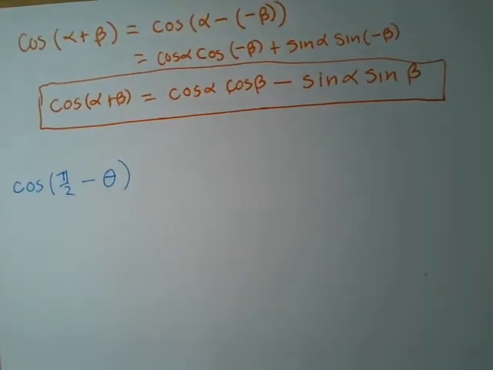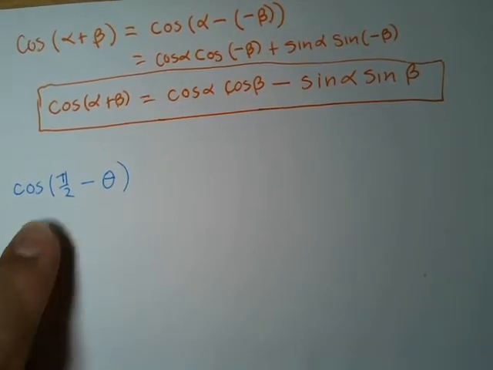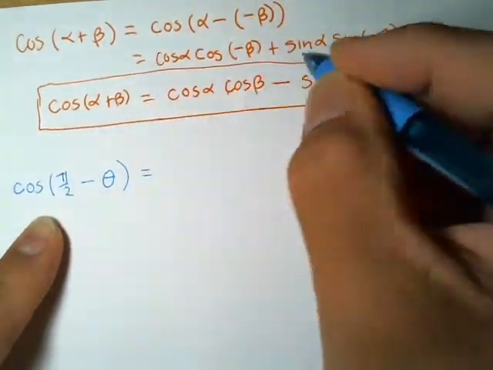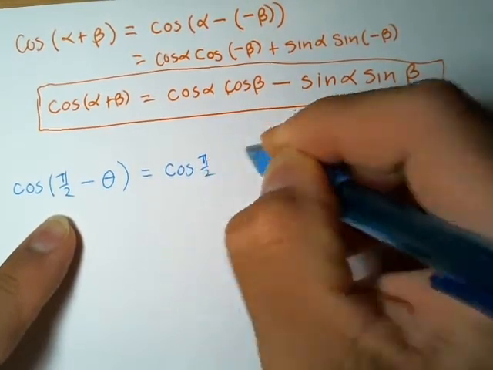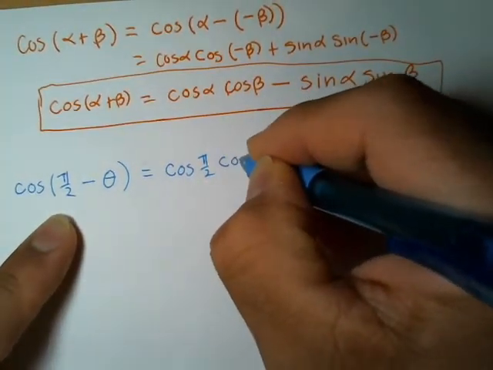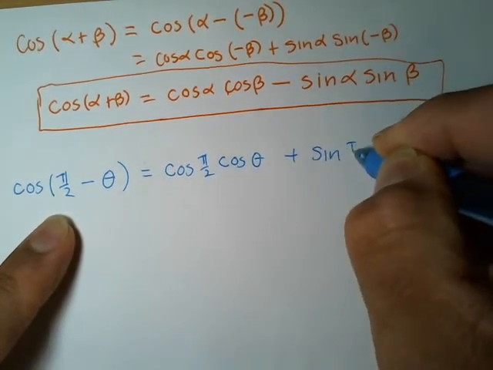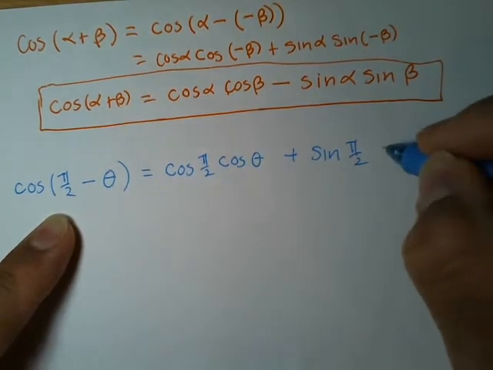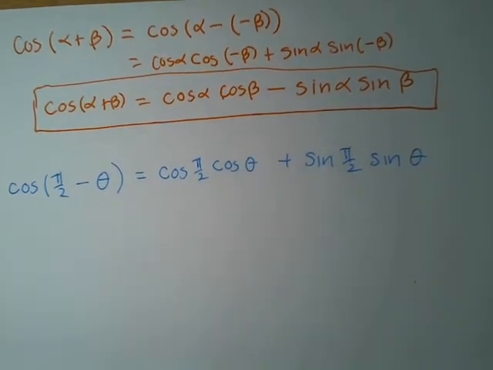And again, I know how to expand on this. I've used the sum and difference formula. In this case, it's a difference in cosine, and I know to approach that we have cosine pi over 2, cosine theta, plus sine of pi over 2, sine of theta, where theta is just some angle.